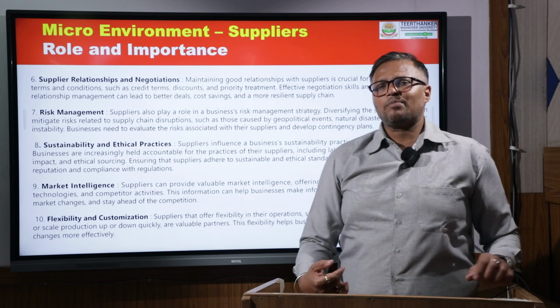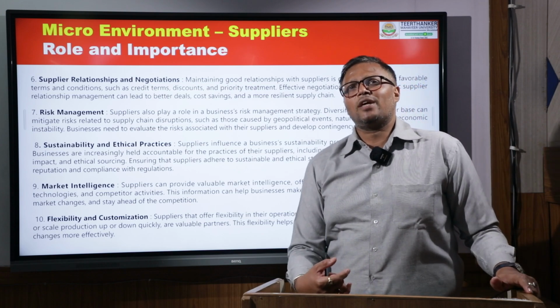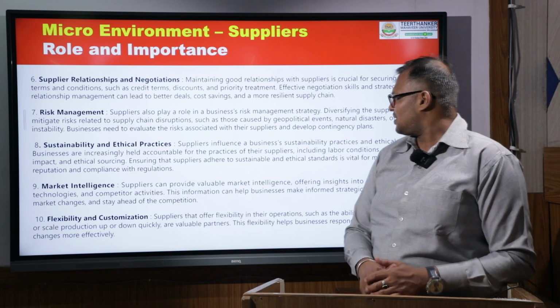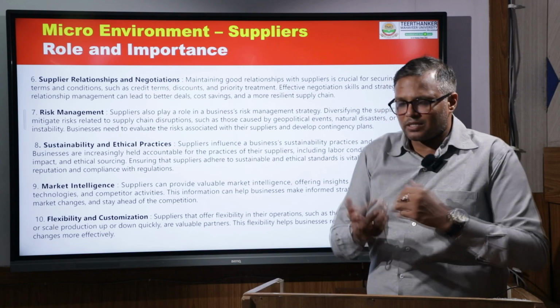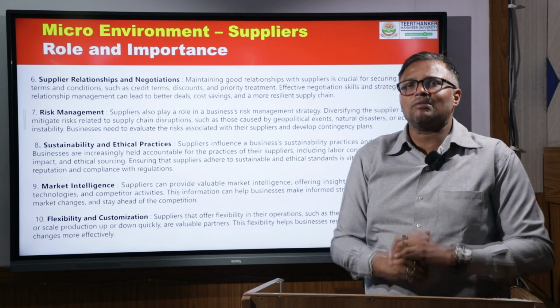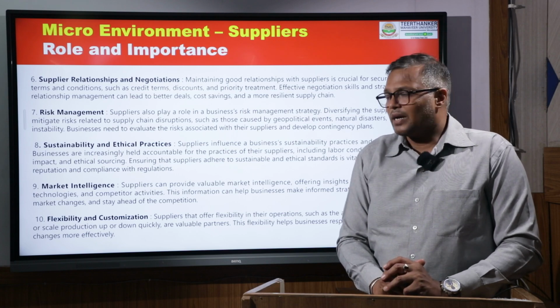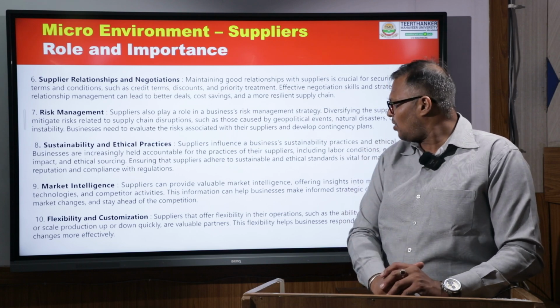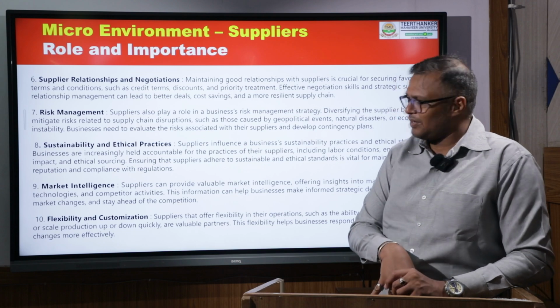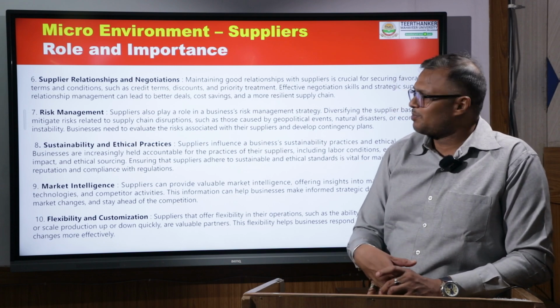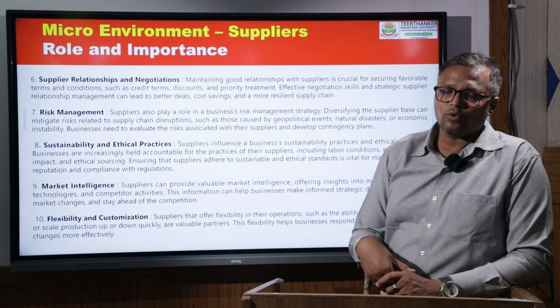Last is the role of the supplier with respect to flexibility and customization. Customization represents the way the manufacturer or the business organization wants their product. And flexibility represents their ability to get things as per their own convenience and requirement.